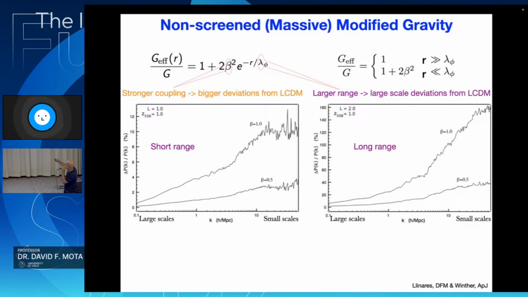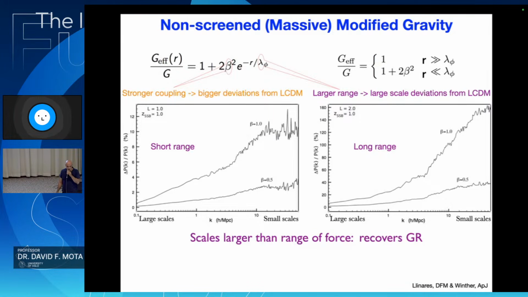So we have like 140%, 160% deviation. So huge deviations just because I've increased the range of the fifth force by 1 extra megaparsec. And here as well, I go from a couple of percent to like 20, 30, 40% for the same strength. So the range of the fifth force is a really, really important factor when you do structure formation, because it can lead to very strong deviations.